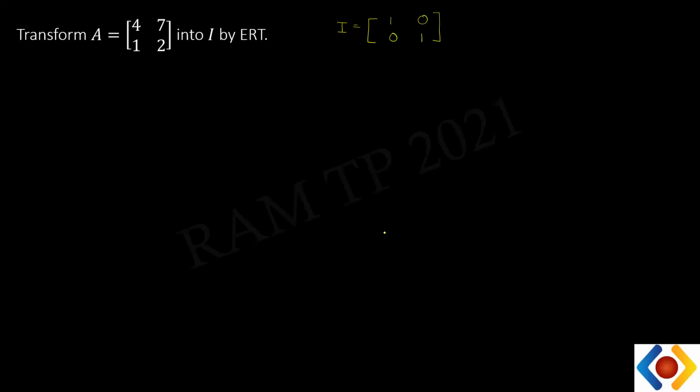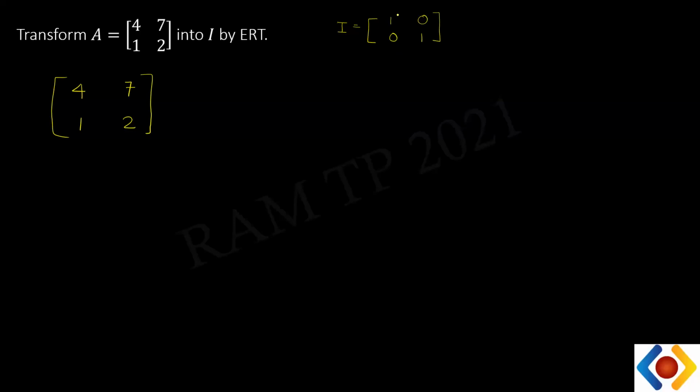Yes, Gayatri, can you help me with the first step? Let me just rewrite the matrix first. Sir, we can write it as R1 becomes 1/4 into R1, and 3 into R2.